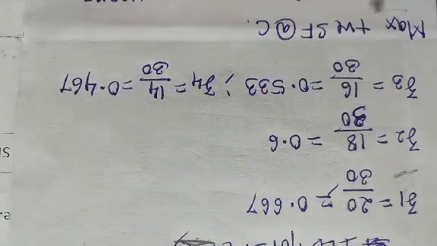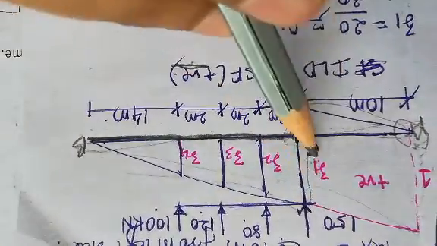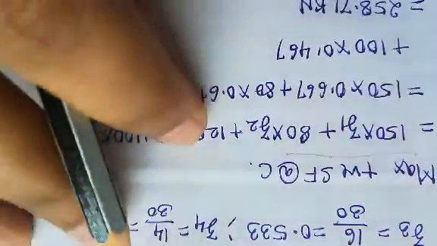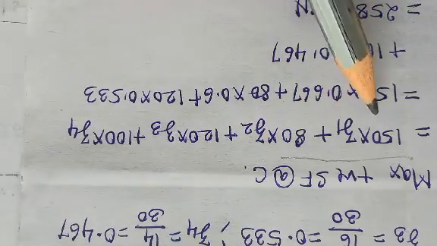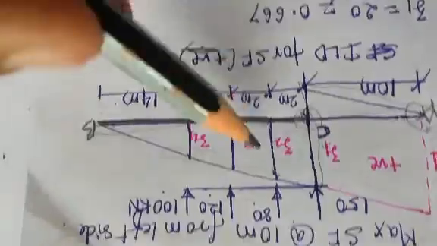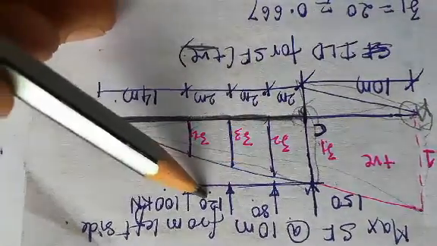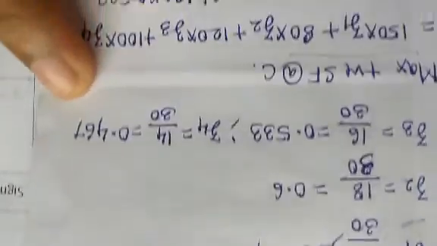Next, to calculate the maximum positive shear force, multiply the ordinates with their respective loads and take the summation of it. Maximum positive shear force at A: 150 into Z1 plus 80 into Z2 plus 120 into Z3 plus 100 into Z4.